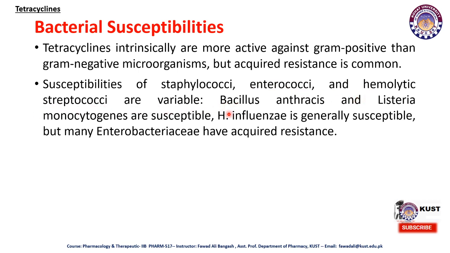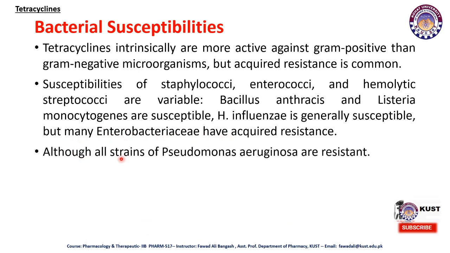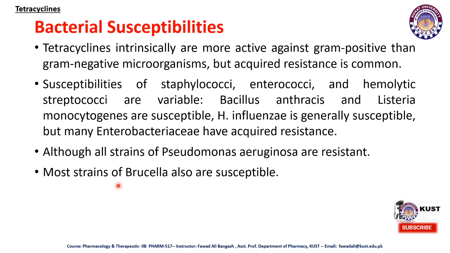Bacillus anthracis and Listeria monocytogenes are susceptible. H. influenzae are generally susceptible, but many enterobacteria have acquired resistance. Although all strains of Pseudomonas aeruginosa are resistant to tetracyclines, most strains of Brucella are susceptible.